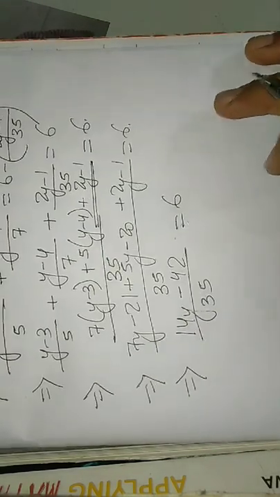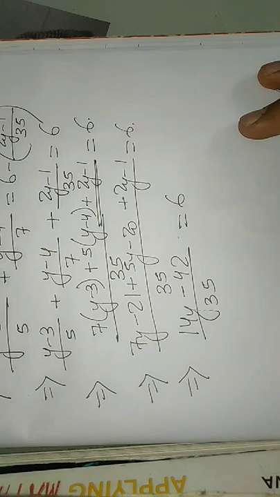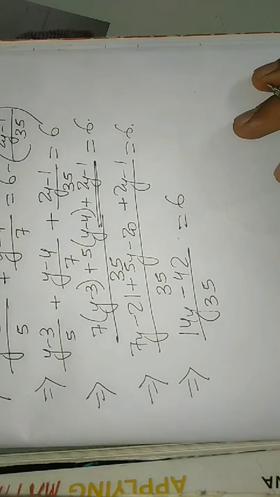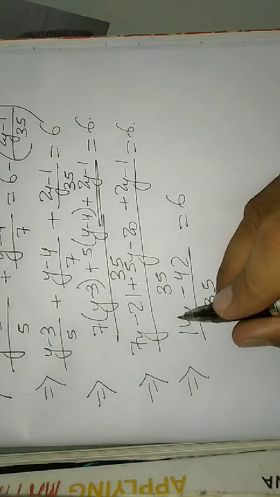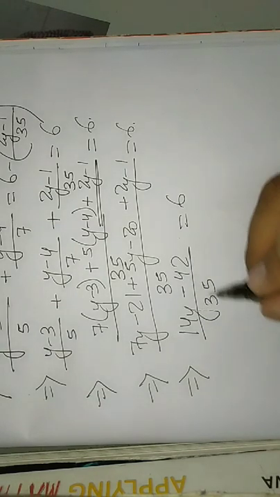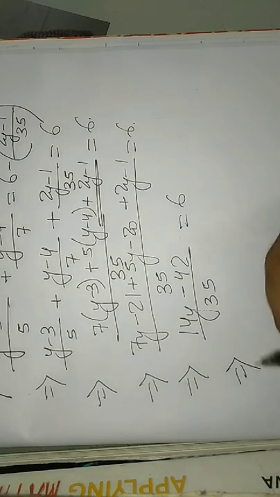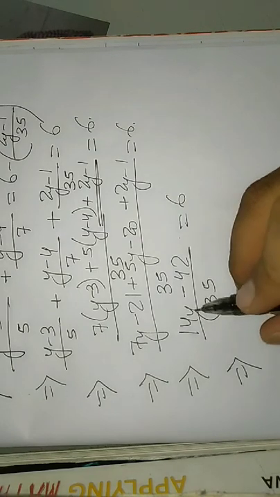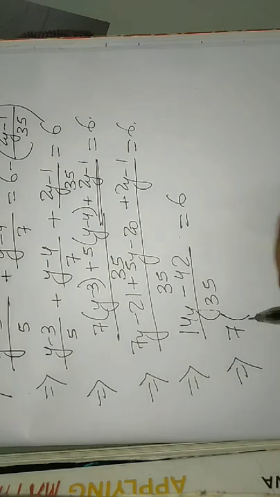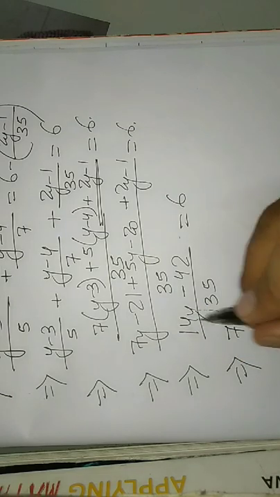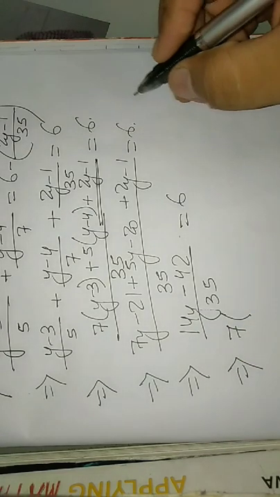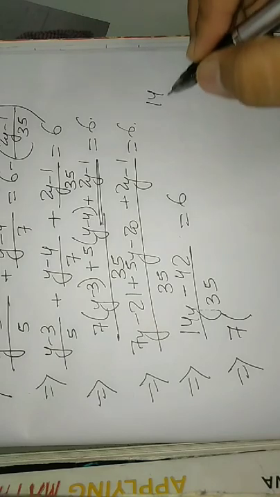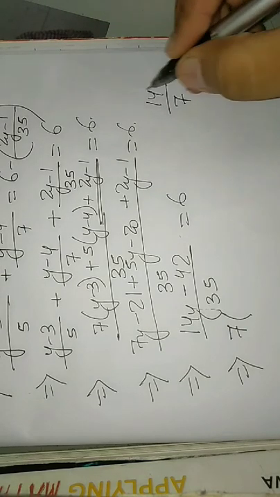Students, if you visualize it properly, you can notice that 14, 42, 35 are all multiples of 7, right? So what you will do is take 7 common from here. From 14, if I am taking 7 common, you have to divide 14 by 7.